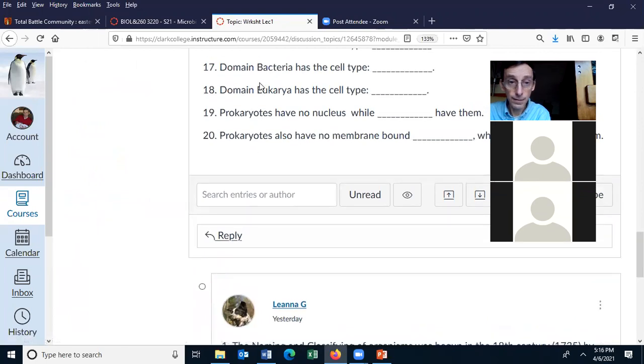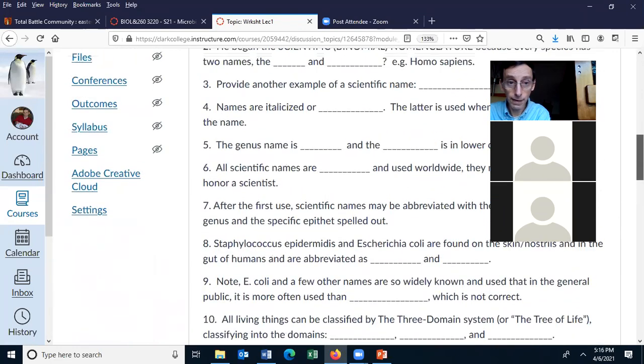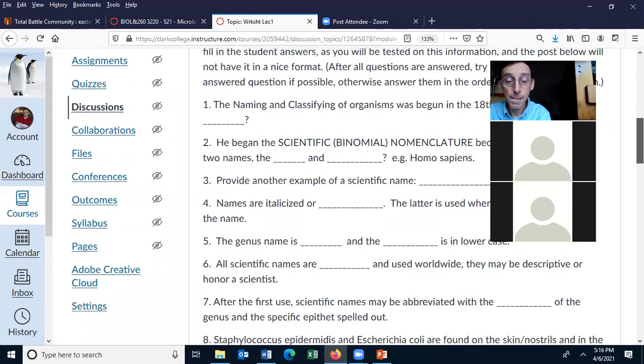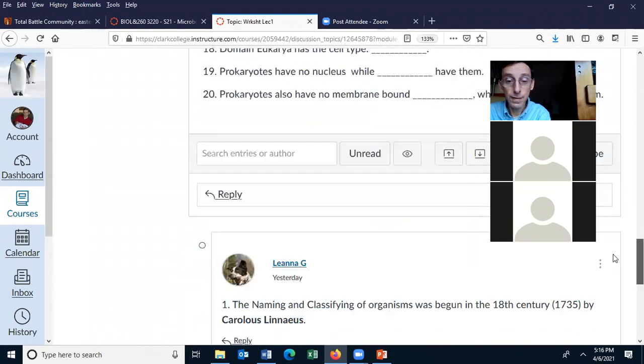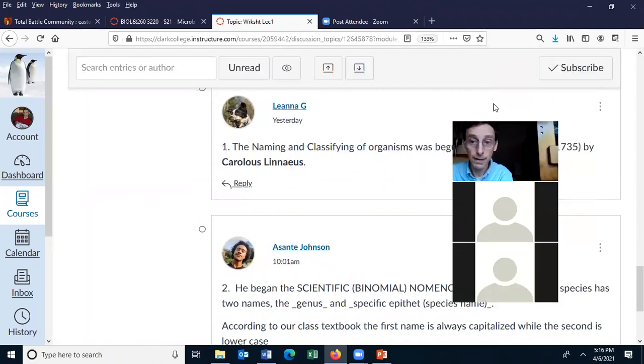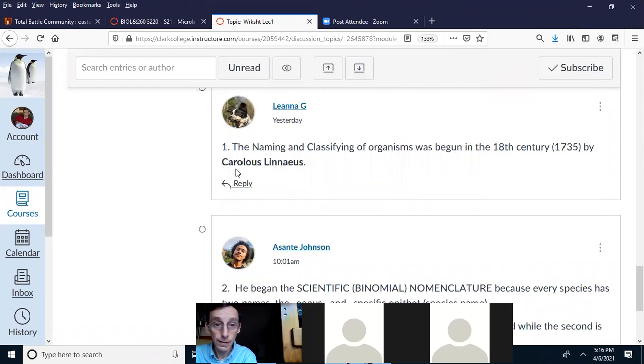And that way, there's 20 questions. You will only be answering in this worksheet only one question. And then you look at the other students' answers for question 1. The naming of classifying organisms was begun in the 18th century by who? And it's Carolus Linnaeus. That answer is correct.